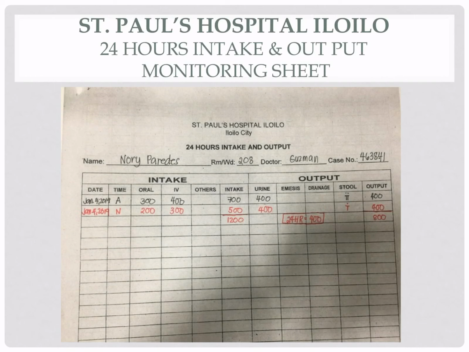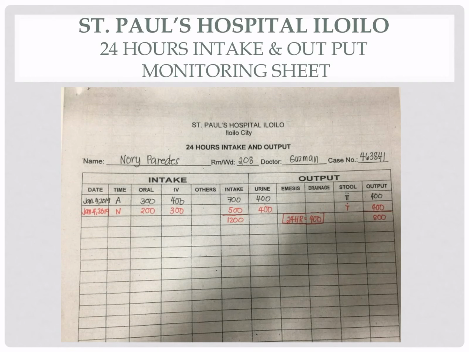The same goes with your output. However, the night shift will be the one to total the 24 hours intake. We have to total the intake from the AM shift, the morning shift, and the night shift.